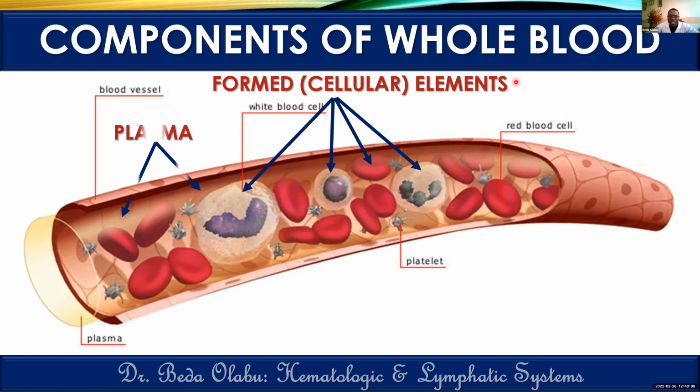Apart from that, the blood also consists of what we call plasma. And plasma is the fluid component of blood. So basically, blood has fluid called plasma and cells, which constitute the formed elements of blood.